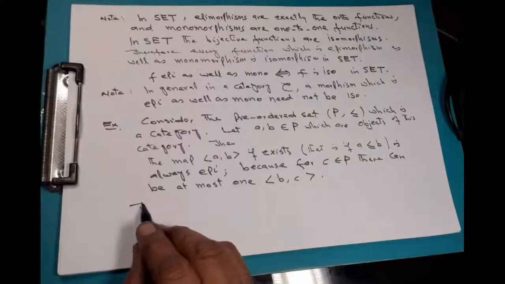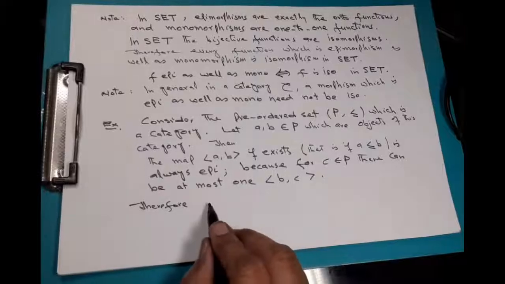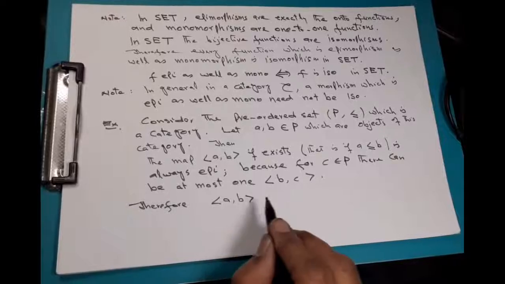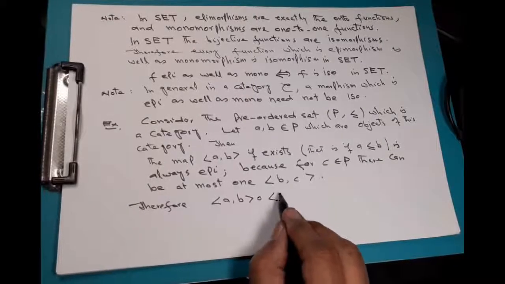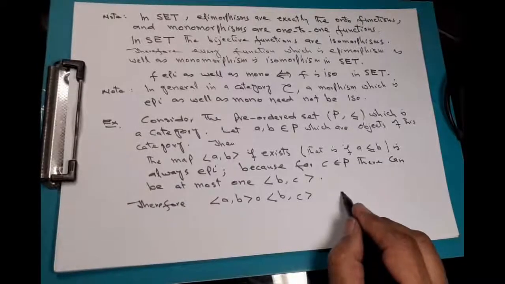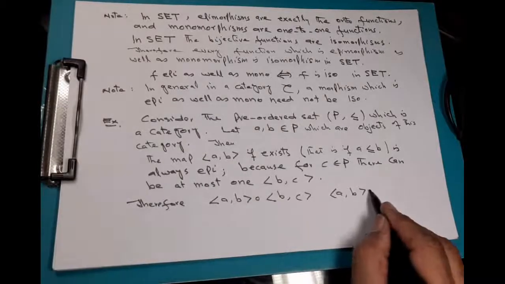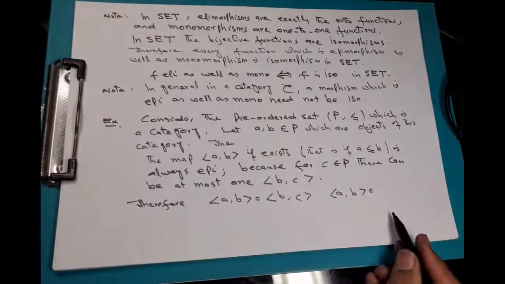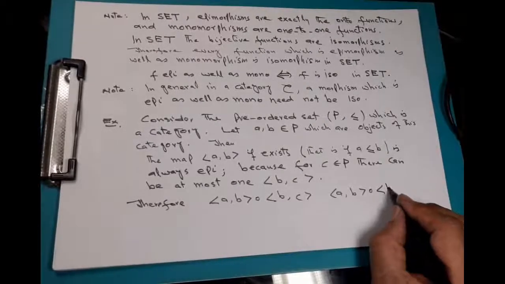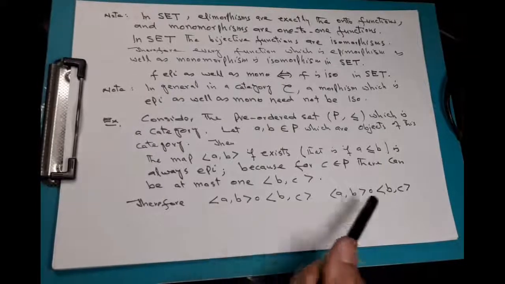Therefore, if we compose AB with an arrow from B to C, this is one arrow. Now we want to compose A to B with another arrow from B to C. But there is no other arrow from B to C. There is exactly one arrow from B to C. Remember, this is what G is, this is what H is.